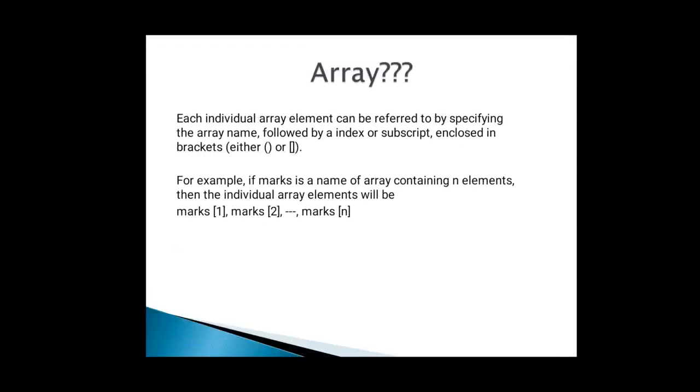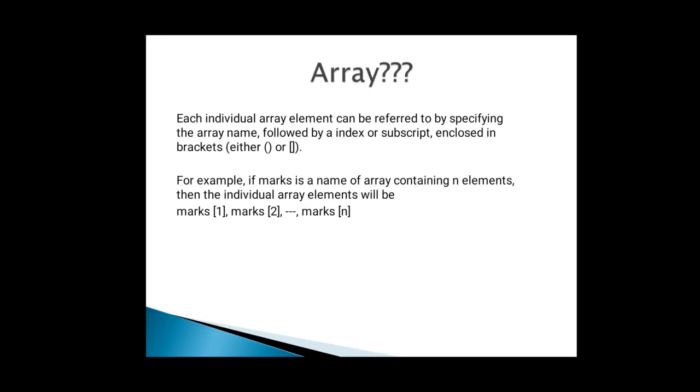An array is a set of elements of the same data type represented by a single name. Each individual array element can be referred to by specifying the array name followed by an index or subscript in brackets. These can be parentheses or square brackets.